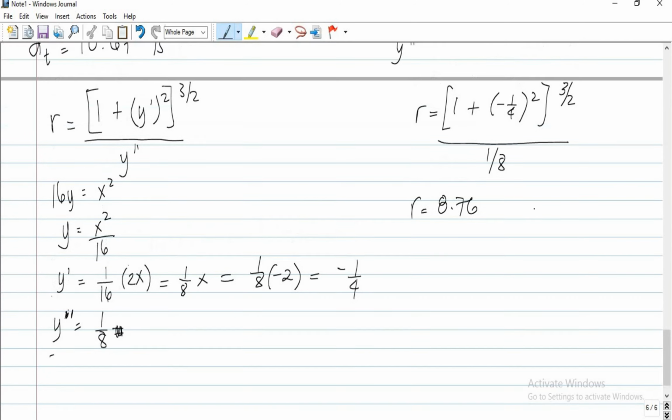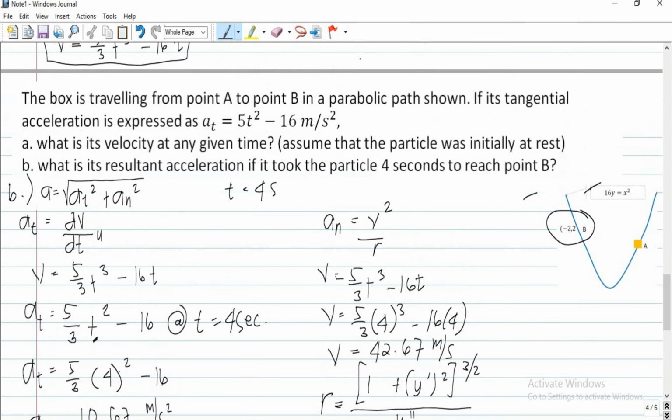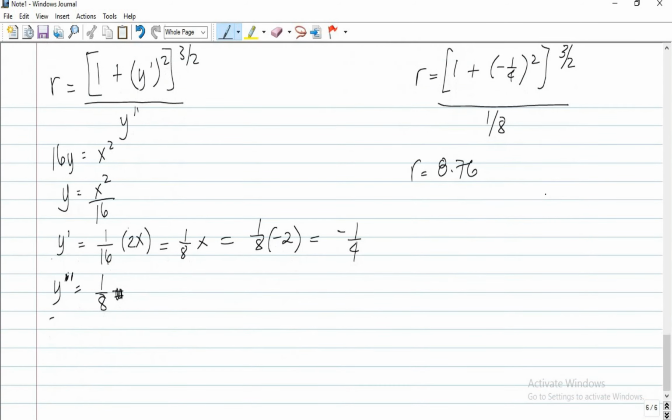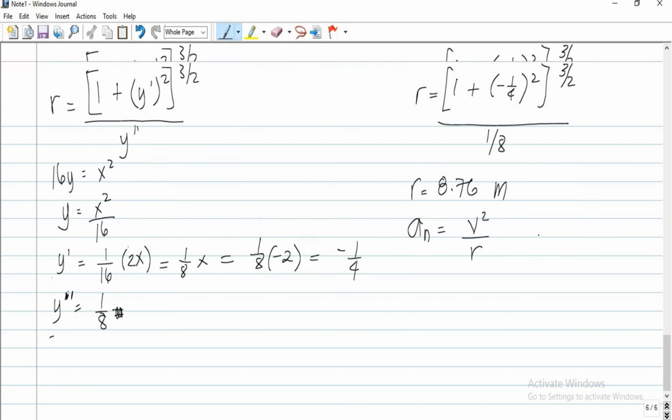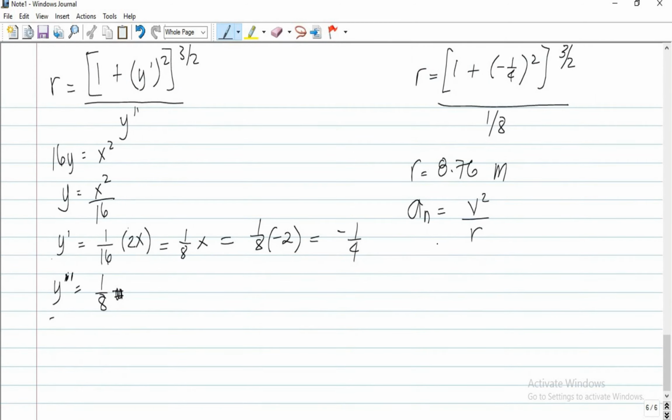Ano ang magiging unit ko? Babalikan ko yung given. Yung unit for acceleration is meter per second squared. Yung unit, therefore, from that, ang unit ko for radius is meters. Hindi pa yan yung final answer. I need to solve for my normal acceleration that is equal to v squared over r. Nasolve na natin kanina that v is equal to 42.67.